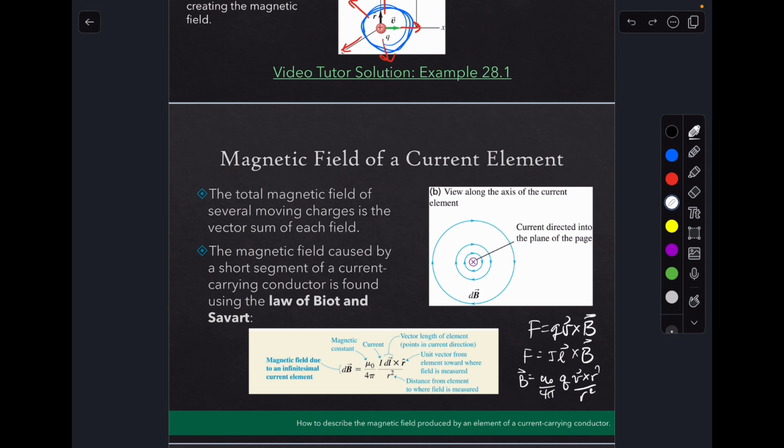And that becomes the Biot-Savart law, okay, which has a name.